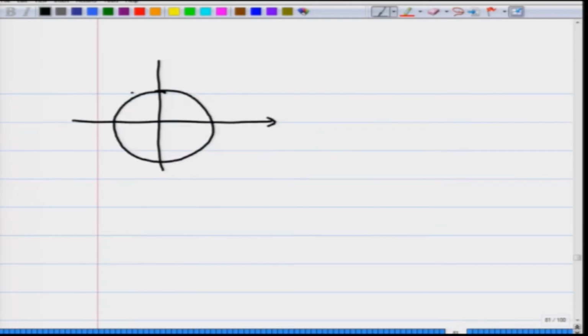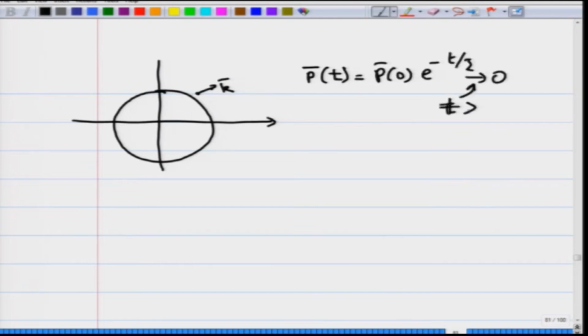For any electron which has acquired some momentum, after collisions the equation says that the momentum in a long time will tend to 0 as t tends to infinity. So the particle will very soon try to go towards the 0 momentum state.